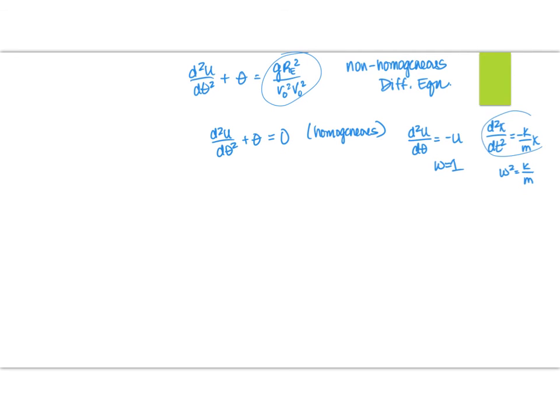Remember the simple harmonic oscillator, mass on a spring, had that second derivative and then was equal to some constant times the variable. This has the same form. And so the homogeneous solution of u of theta can be written as A sine theta plus B cosine theta.